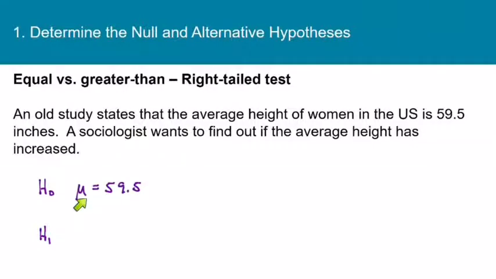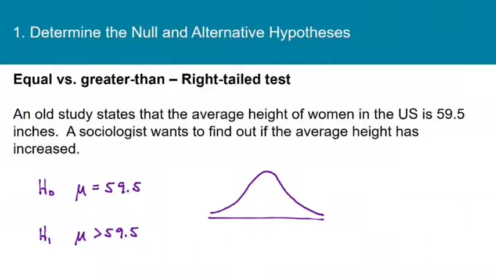So we will write mu equals 59.5. The sociologist wants to find out if maybe the average height has increased. So he or she is interested in proving that mu is greater than 59.5. And so this would be our hypothesis pair for this situation.